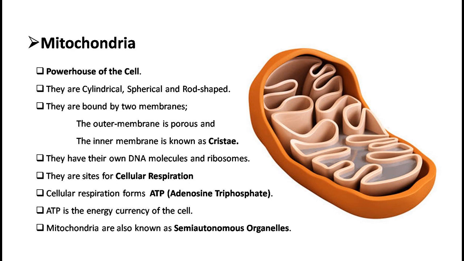Cellular respiration releases energy which is used in the formation of ATP, that is adenosine triphosphate. ATP is the energy currency of the cell, that is the cell's fuel. The energy stored in ATP is then used by the cell.